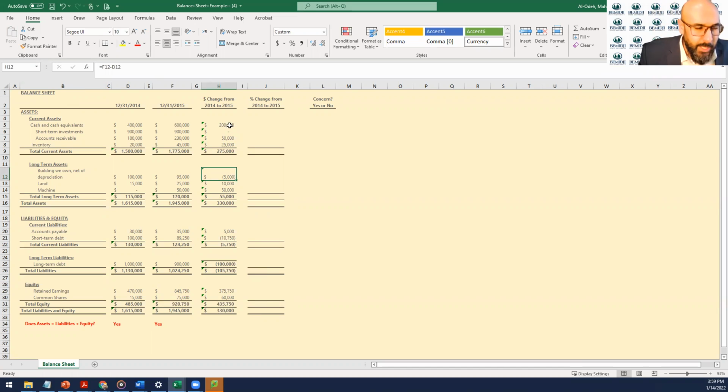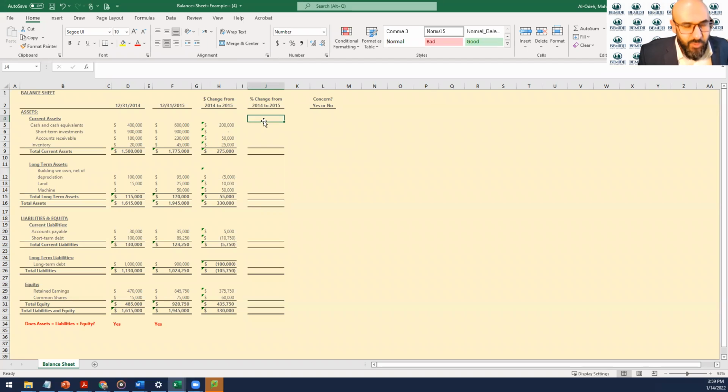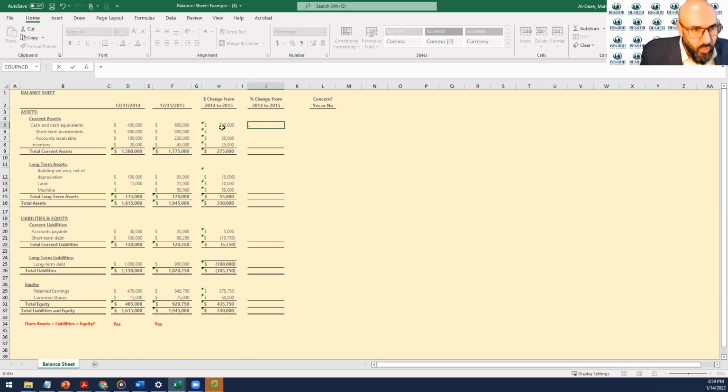So what we did here, the changes, we subtracted the numbers in 2014 from the numbers in 2015. And for the change percentage, we start with the 200. We do the 200 divided by the number in 2014, and we find out that this is a 50% change.